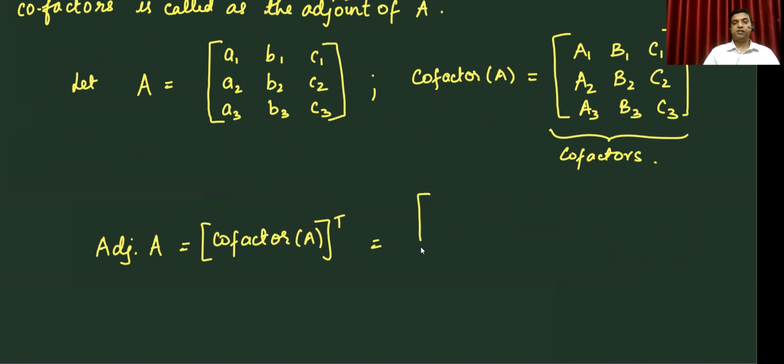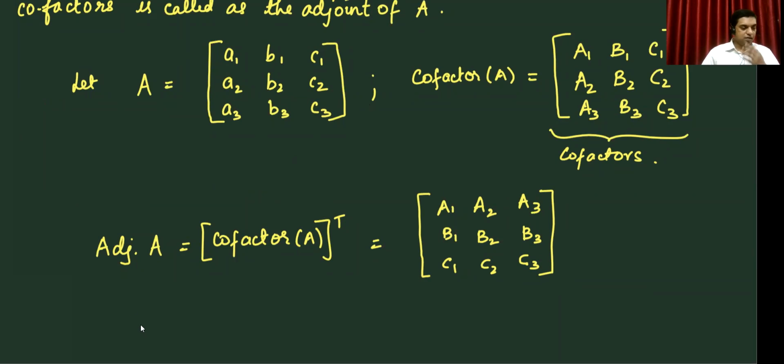So this is A1, B1, C1, A2, B2, C2, A3, B3, C3 in capitals. All right.